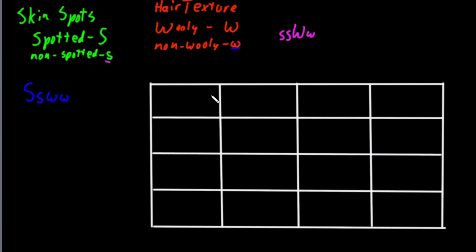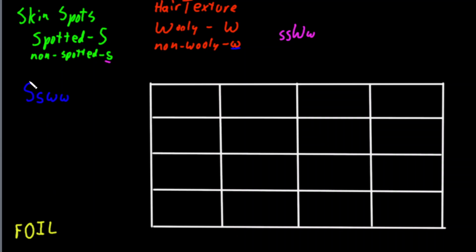The next step is to determine the possible gametes of the parents from their genotype. So the genotype, of course, has all the information for each trait. The gamete says what could be passed on to the next generation, and we will look at the FOIL method, first, outside, inside, last.